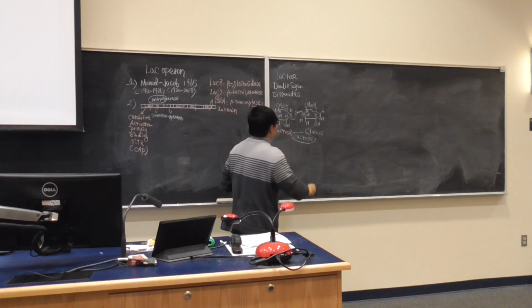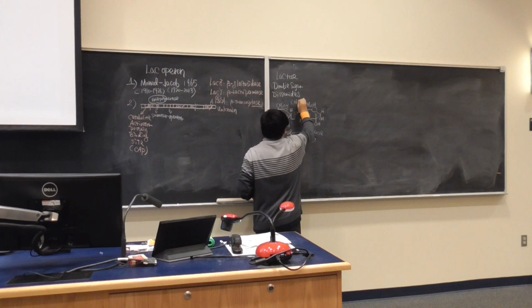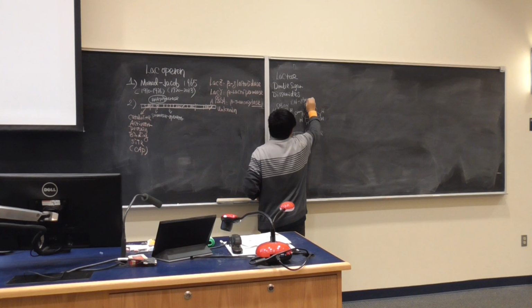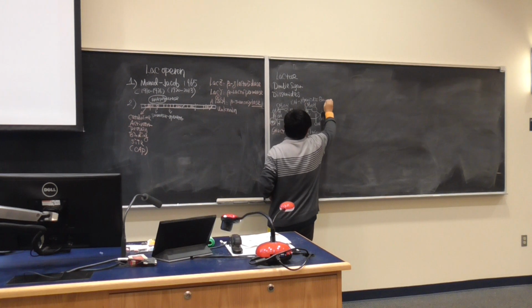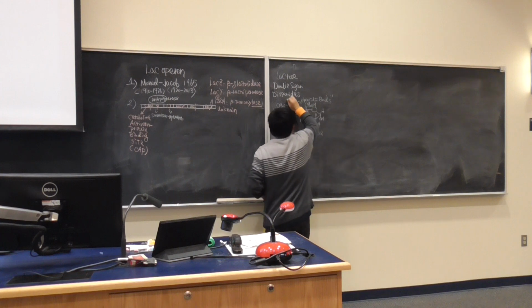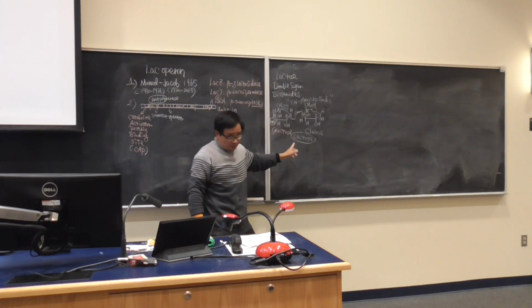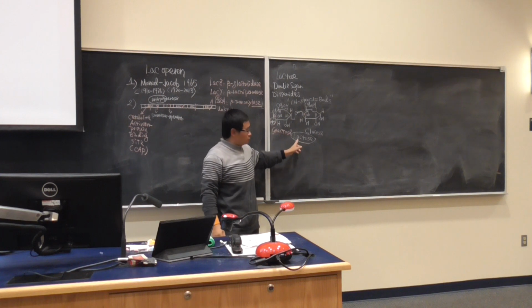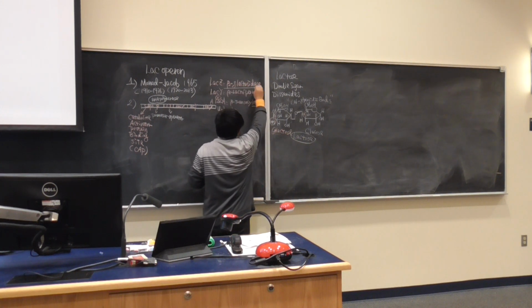What is this bond name? 1' 4' glycosidic bond. We know that for lactose in the body, you need to have beta glycosidase.